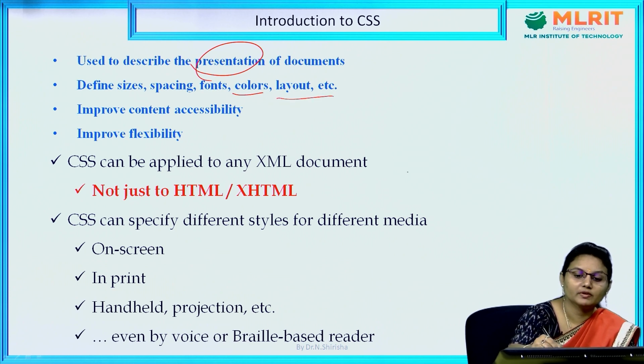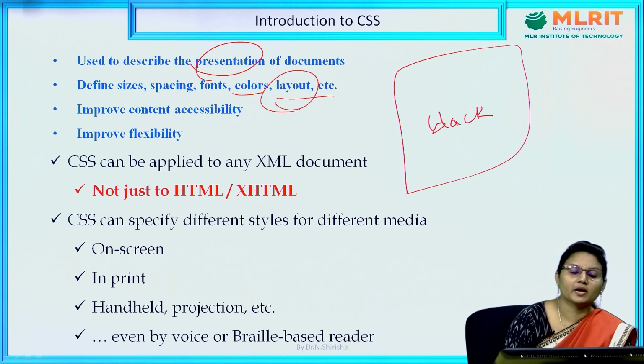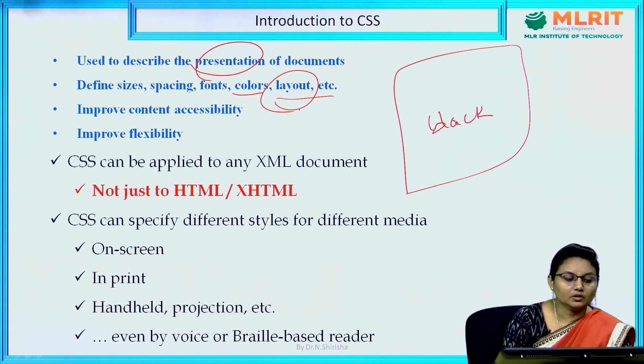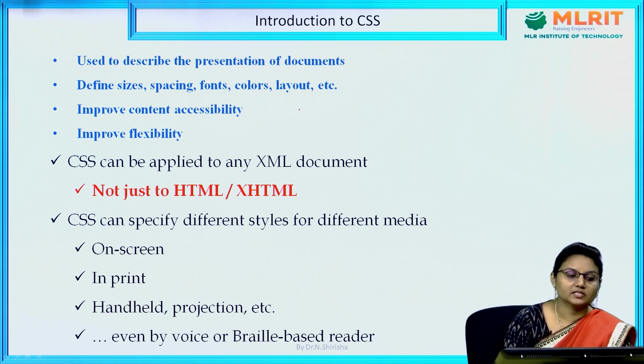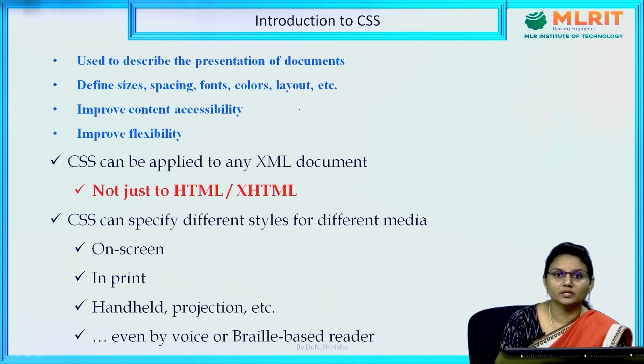A complete web page is one layout. If I want the complete background black, then I should give a layout with the background color. For whatever web page you are designing, the accessibility of your content can be improved using CSS, and it also improves the flexibility of using your content.